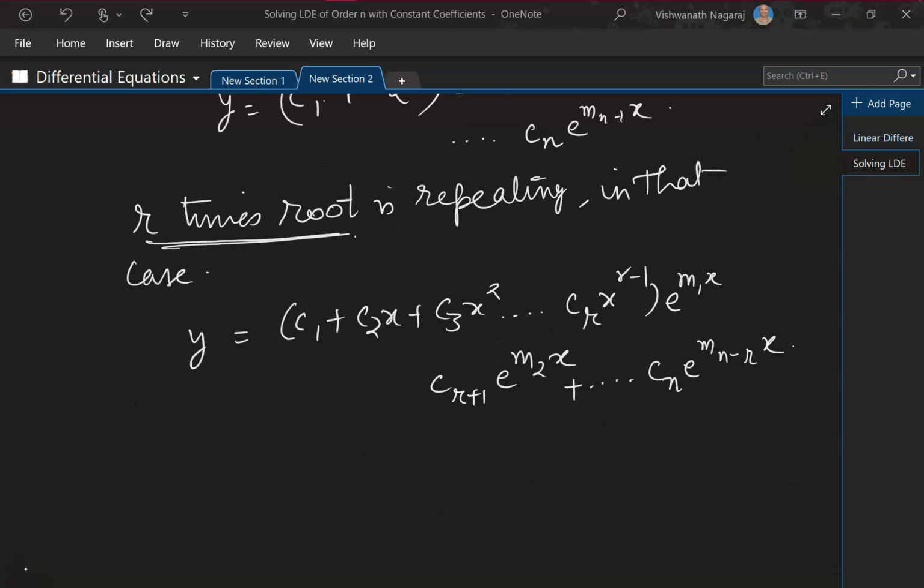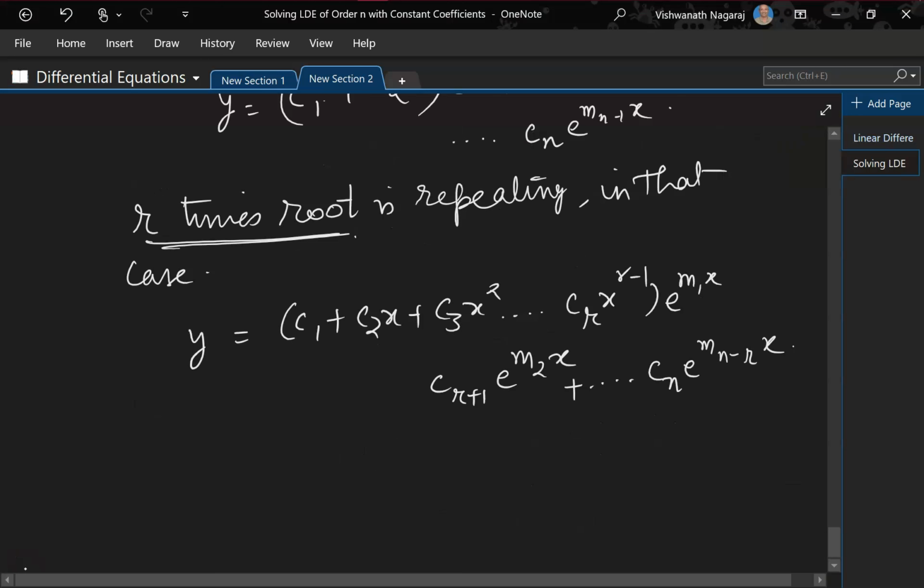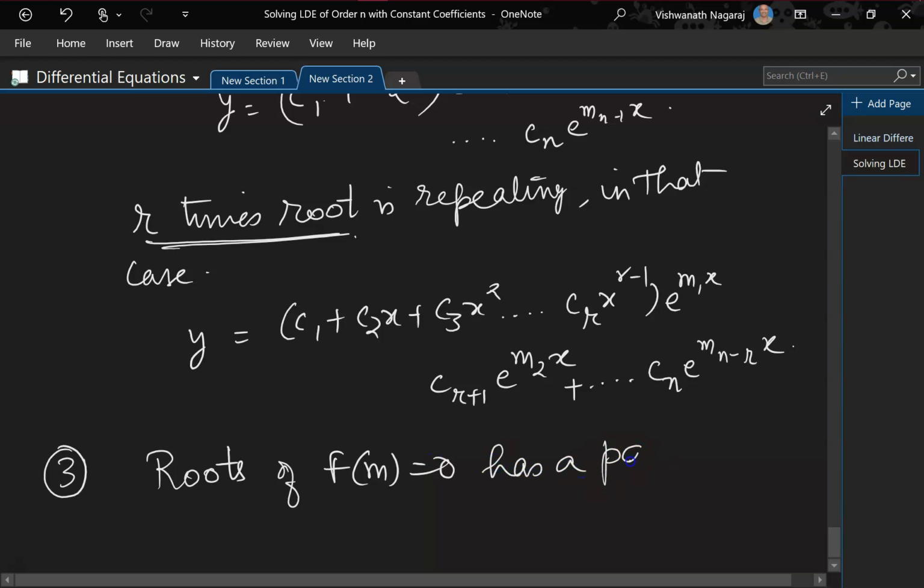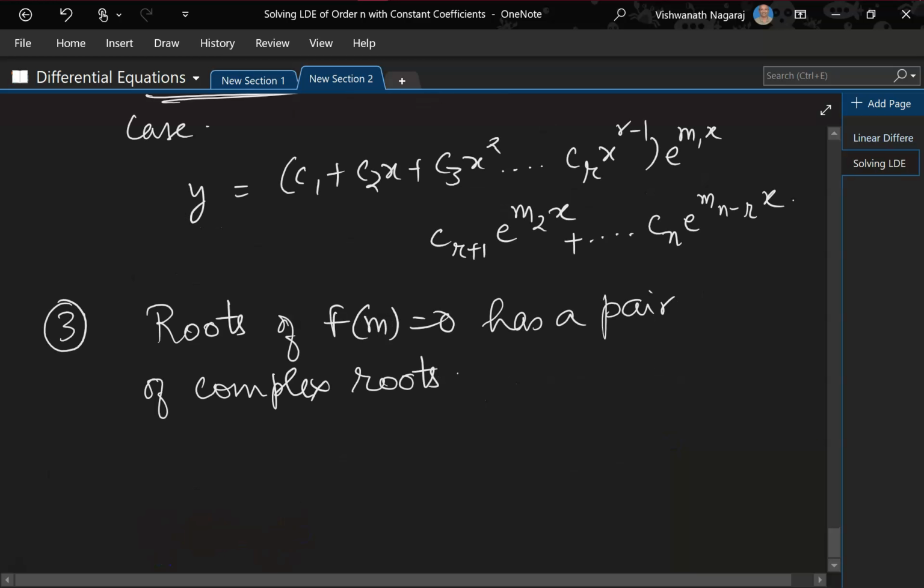Now let's look at the third case. What is the third case? Roots of f(m) equal to 0 has a complex pair. Okay, so in this case, how will we begin?